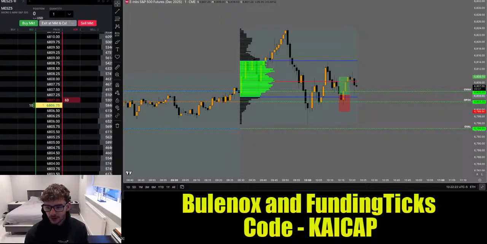If I lose the first trade, I will take another trade, but that second trade will be half risk, or even less than half, just because I'm risking more on that first trade. That first trade determines whether I'm going to be green or red for the day. If I win that first trade, I'm basically guaranteed to be at least break even, if not a lot more in profit.